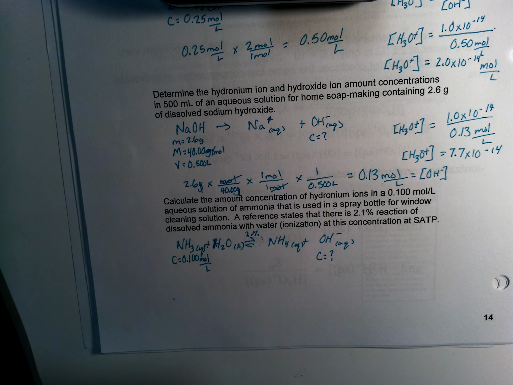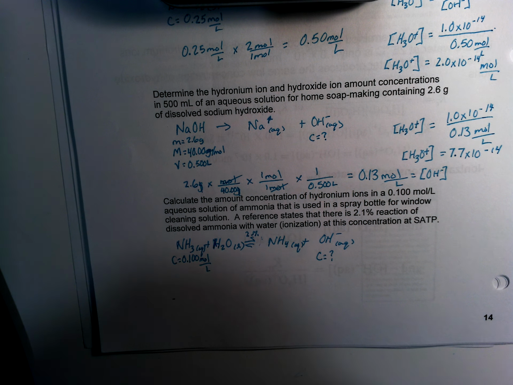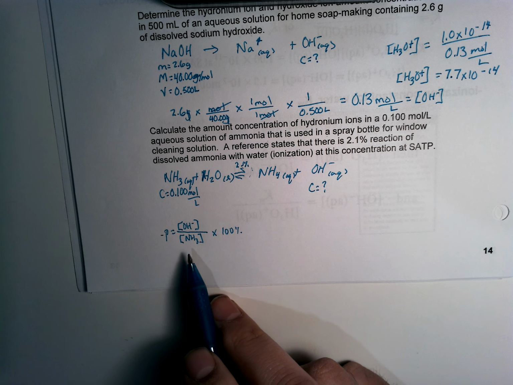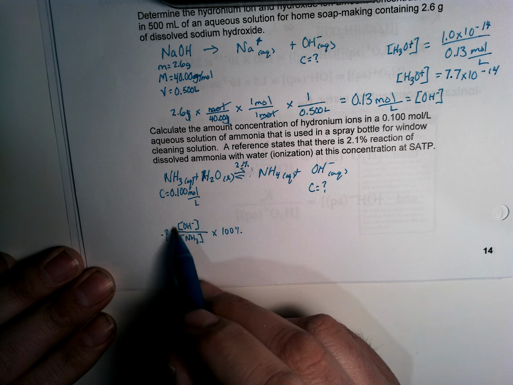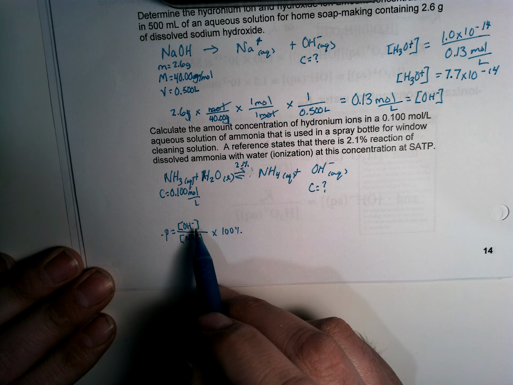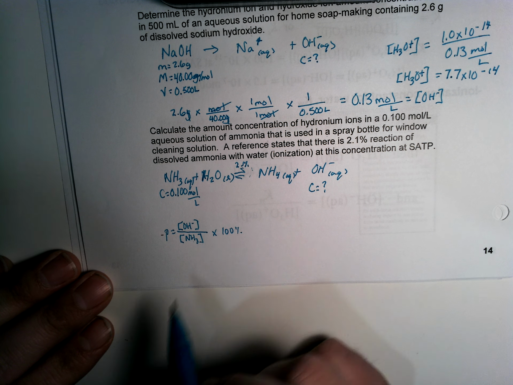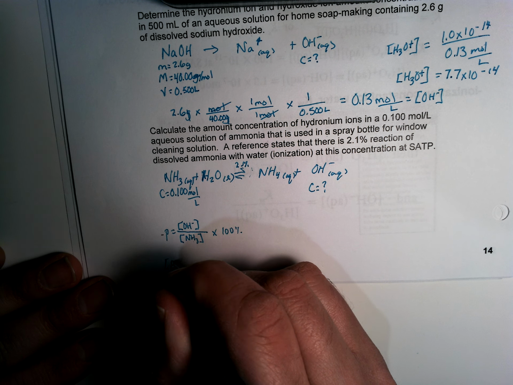And so we have to go back to our percent of ionization equation. Okay, so our percent ionization equation equals the concentration of hydroxide over our initial concentration of our base times 100%.